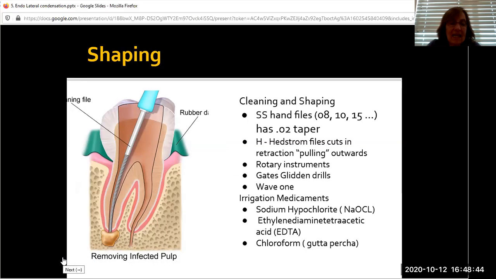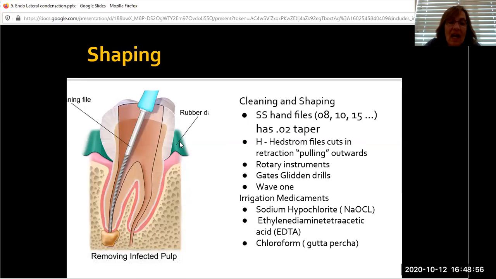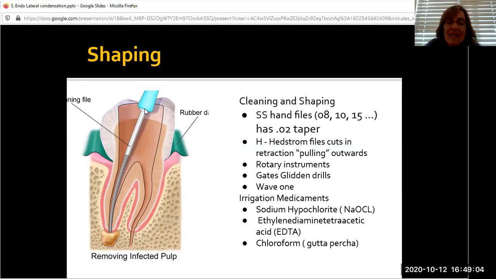So now we are discussing the shaping and the cleaning of the root canal. First of all, we want to make sure that we isolate the tooth properly, and that is a rubber dam, and now we have our files. Files that are placed in the tooth, this one does not have a demonstration of it, but they normally have a rubber stopper, and there is also an indication of where on the tooth you are going to be using your reference point.